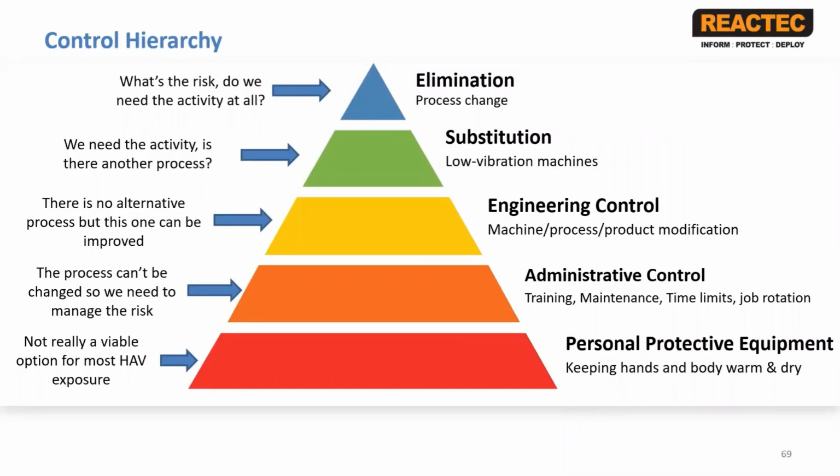The hierarchy of controls is often shown by this pyramid, and the order of preference in addressing your controls in any risk is in the order from the top down, i.e. elimination first. So for elimination, understand the risk and whether or not the activity needs to be carried out at all and can it be changed.